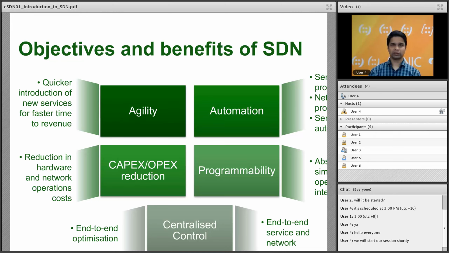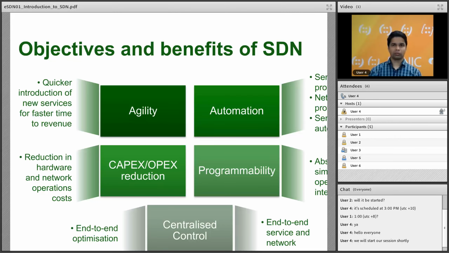CapEx and OpEx optimization or reduction. So the simplification of network elements will cause a reduction in hardware and network operation cost, which gives a better TCO over your CapEx and OpEx. Programmability is achievable via abstraction with the open and simplified interface.